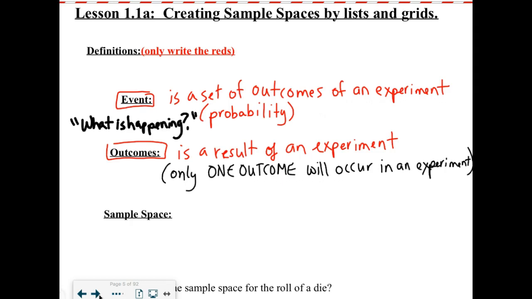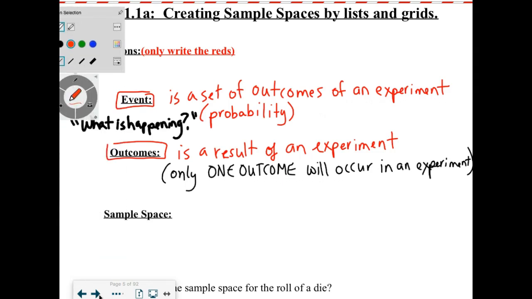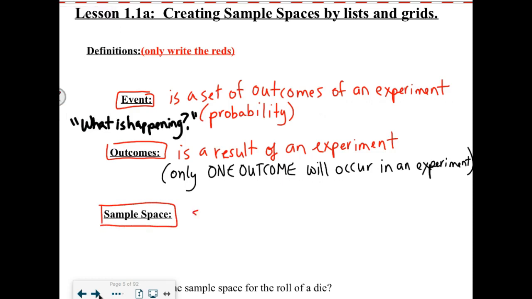Alright. So kind of the big picture here is we want to look at a list of results.